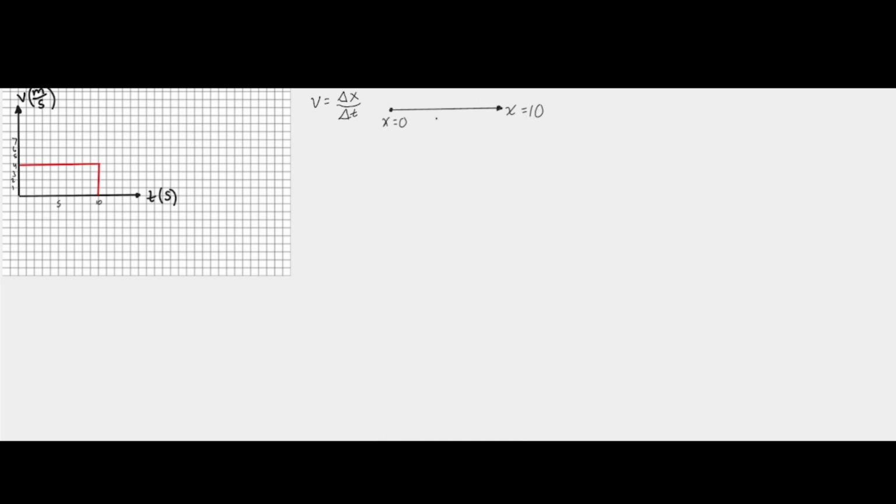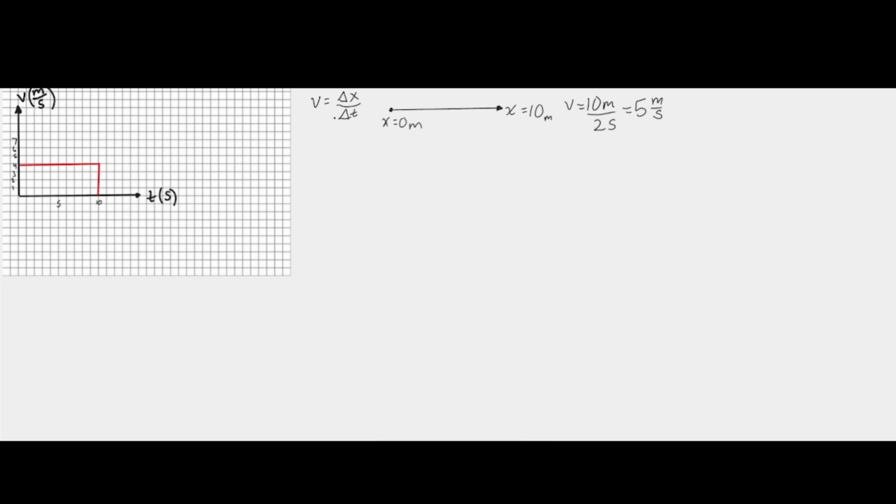And if that took me 2 seconds, then in this case, my velocity would be v equals 10 meters in 2 seconds. Then I can simplify this fraction and see that my velocity was actually 5 meters per second. Again, this was for the case of displacement of 10 meters in 2 seconds.